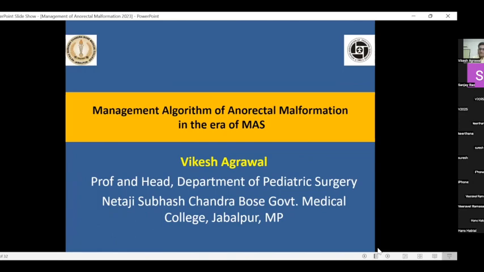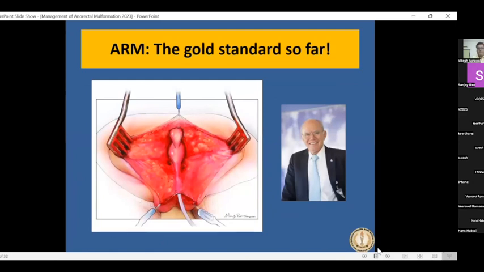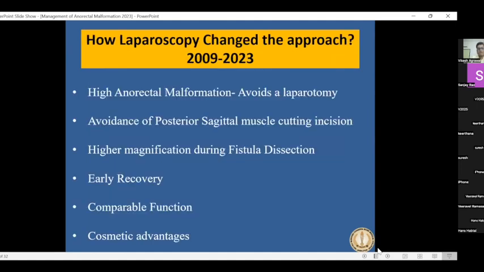So we all know the gold standard surgical care for anorectal malformation has been posterior sagittal anorectoplasty, as developed and propagated and adopted widely by everyone, as proposed by Professor Pena. But around the beginning of this new millennium, laparoscopy entered the management of anorectal malformation, and it offered certain advantages over posterior sagittal anorectoplasty, which led it to become a widely adopted mode of care.